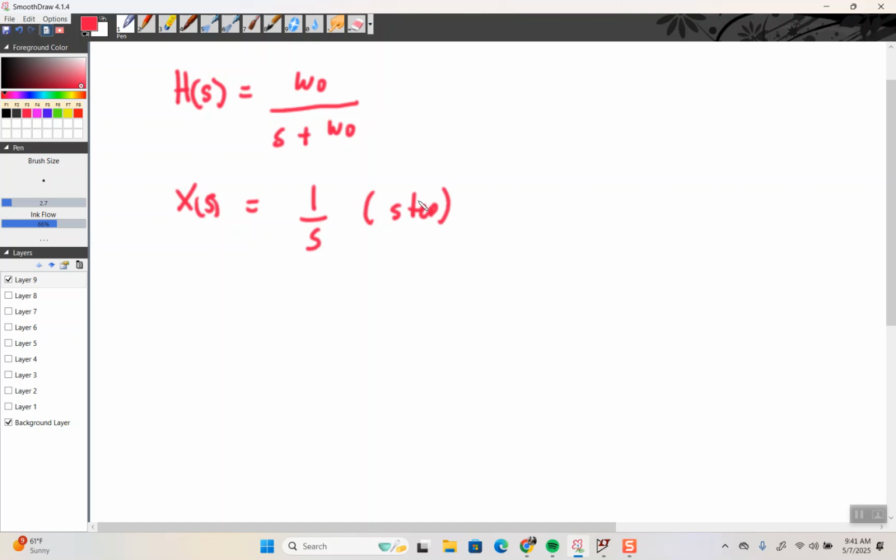So let's just call it f of s equals omega naught over s plus omega naught times the step times s to make the algorithm work, right? And now we get omega naught over s plus omega naught. Great.